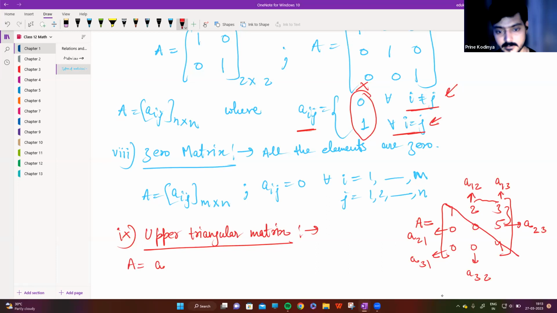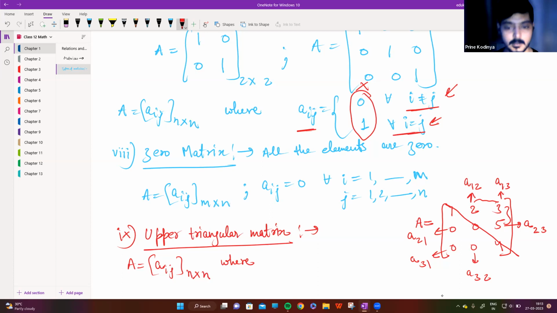If you have a matrix A, which is Aij, obviously that has to be a square matrix. Then only can we talk about diagonal elements, upper triangular elements and lower triangular elements. So A is equal to Aij, n cross n. This is our general matrix.